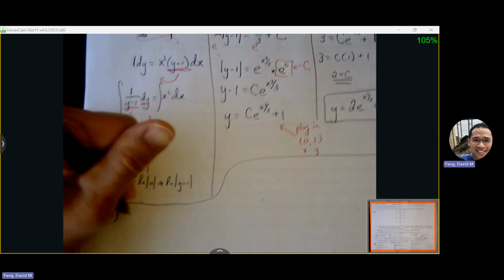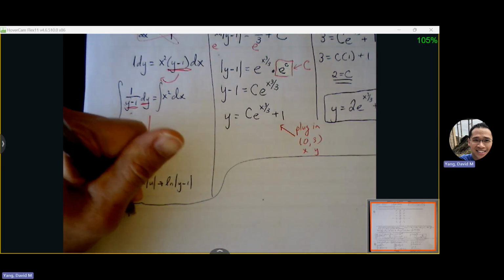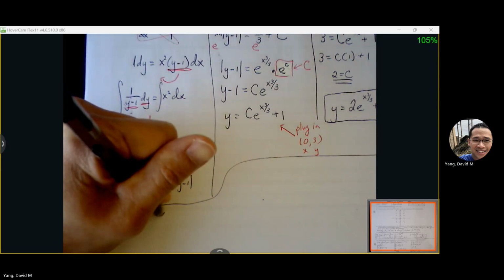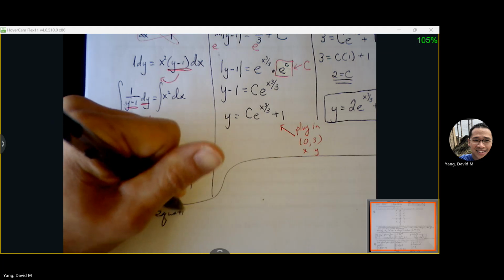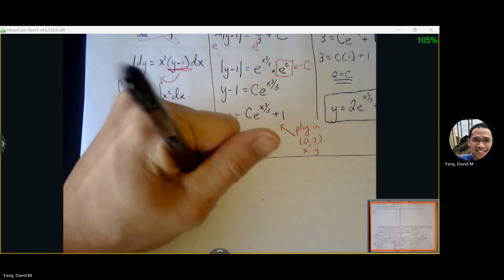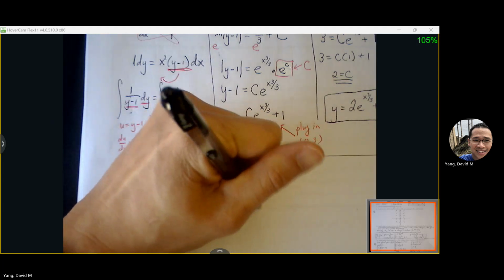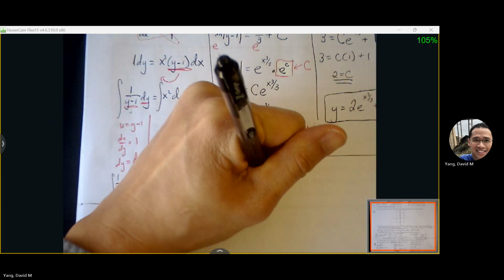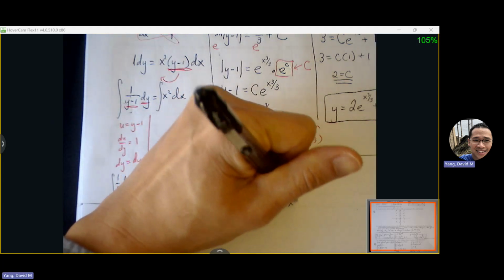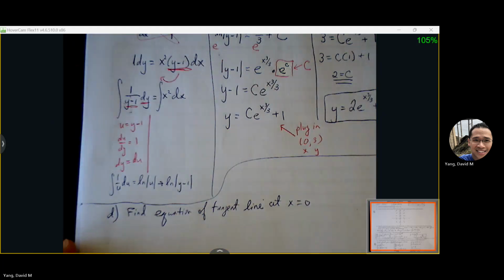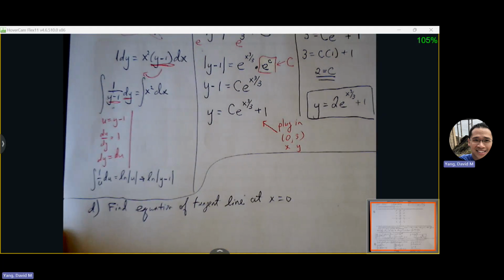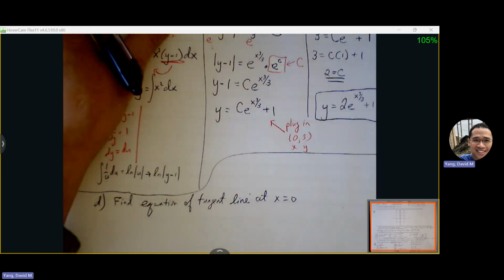Part D says find the equation of the tangent line at x equals 0. And then it says use it to approximate f of 0.1.